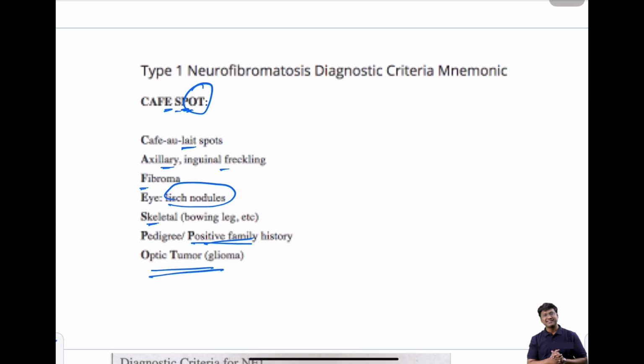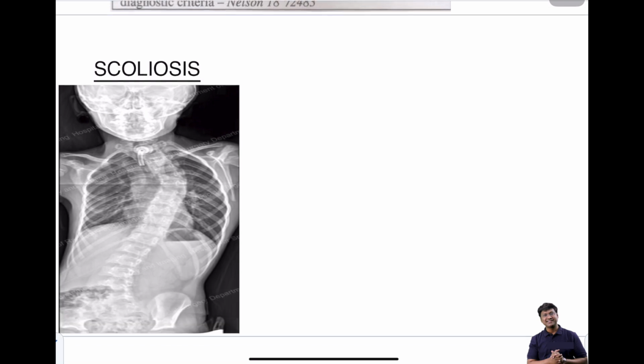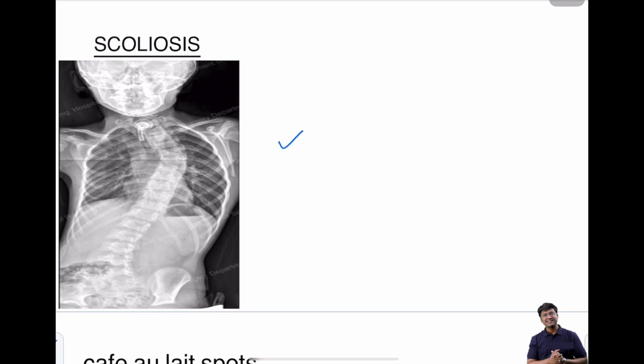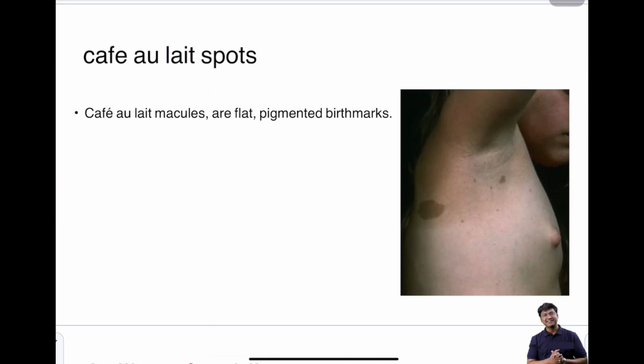Now let me show you all these abnormalities. This is the most common orthopedic manifestation of neurofibromatosis type 1, which is nothing but your scoliosis. Next is the presence of the café-au-lait spots. How many café-au-lait spots should be there?